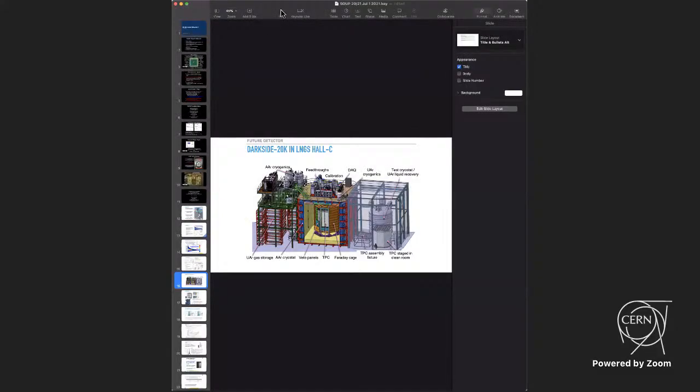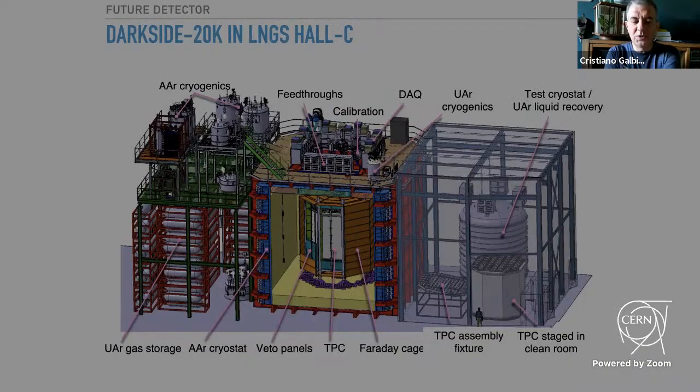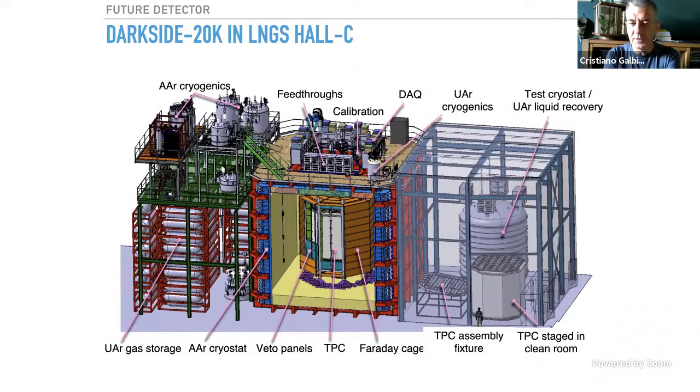Okay, so the DarkSide-20K detector, which is the next generation detector with liquid argon at Gran Sasso, due to this problem of scintillator, will not operate in a scintillator bath, but will be operating in a liquid argon bath. So the idea is to build in Gran Sasso an exact replica of the cryostat that has been developed at CERN for the ProtoDUNE project.